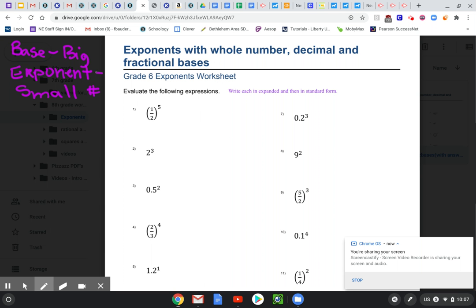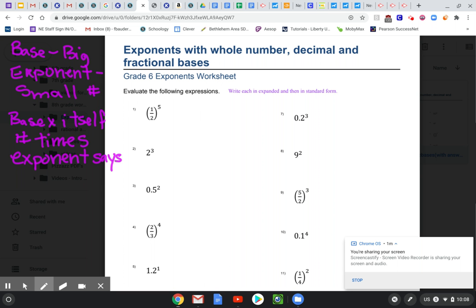We are taking the base and multiplying the base times itself the number of times the exponent says. So it doesn't matter whether my base is a fraction, a decimal, or a whole number, I'm still going to be taking that number and multiplying it times itself.